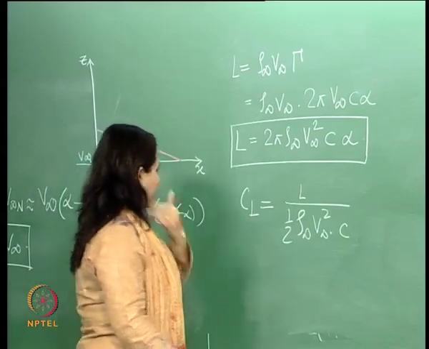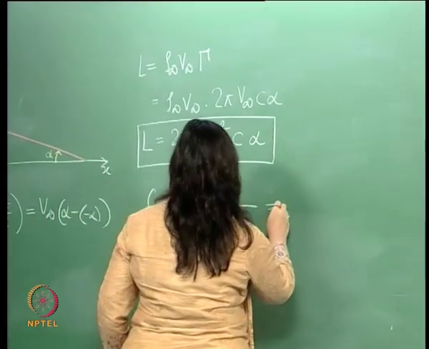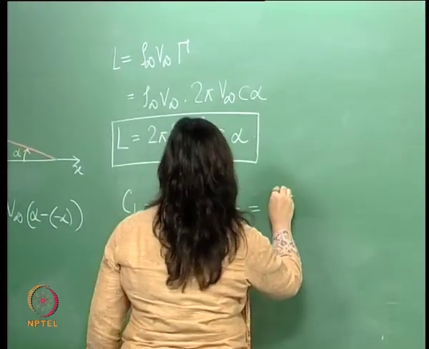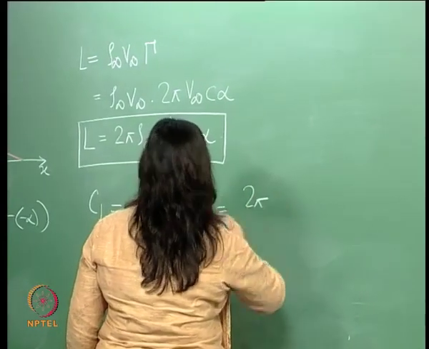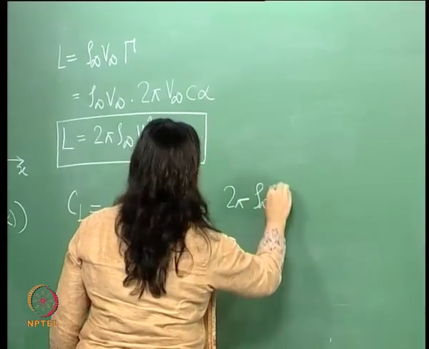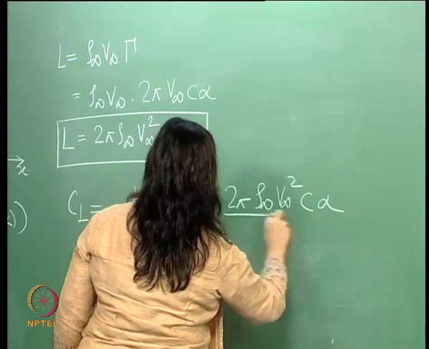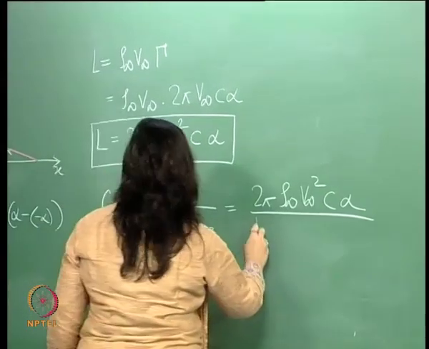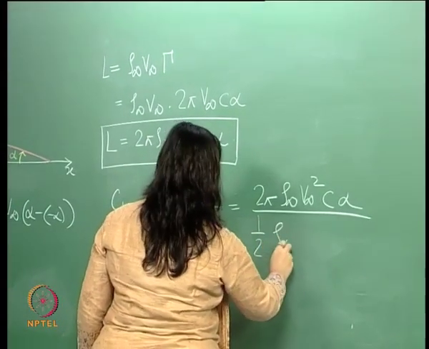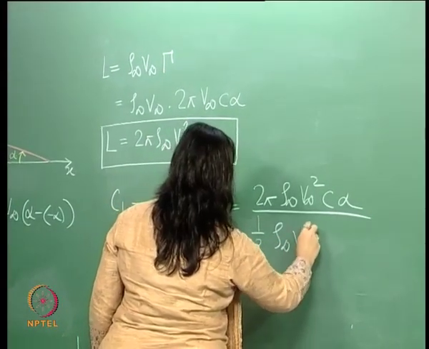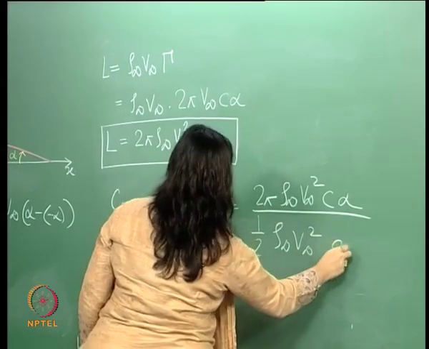So, what we get is 2 pi rho infinity v infinity square c alpha divided by half rho infinity v infinity square into c.